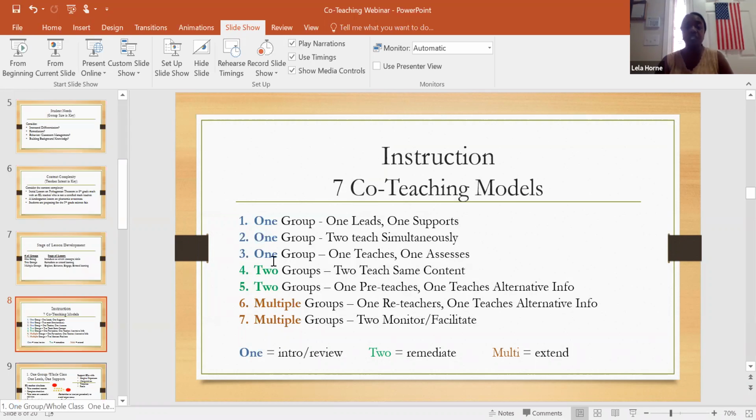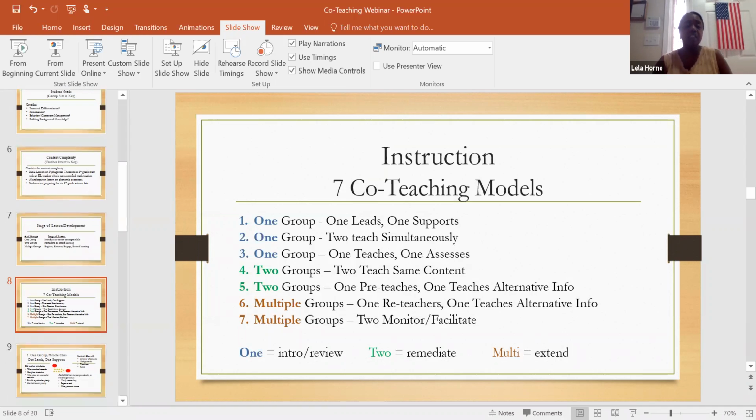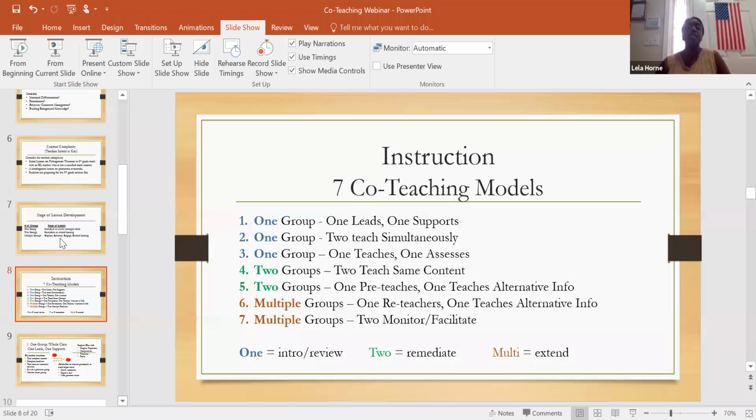Again, these one group lessons are for introduction and review. Two groups are for remediation. Multiple groups are when you want to extend, when you want to facilitate, when you want to have project-based learning. These are all very important. Let's see, I'm going to go on through here.